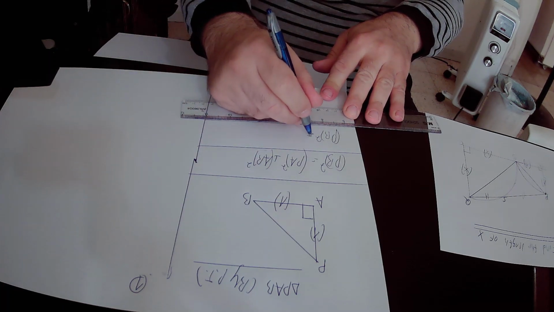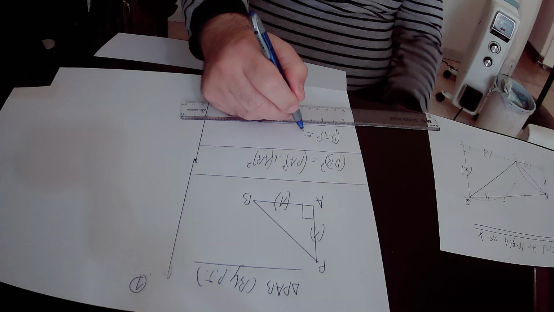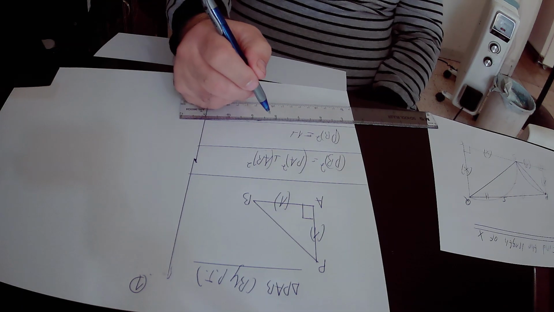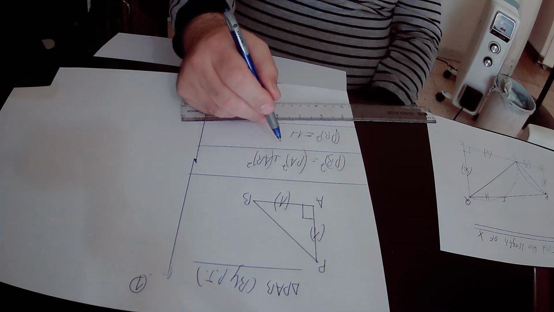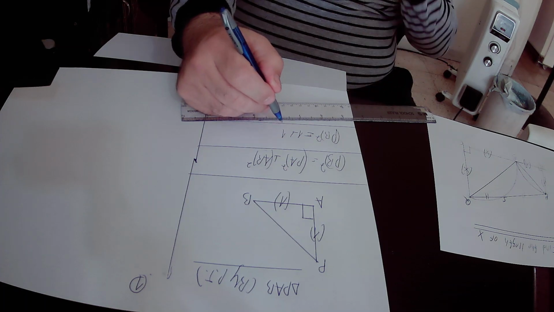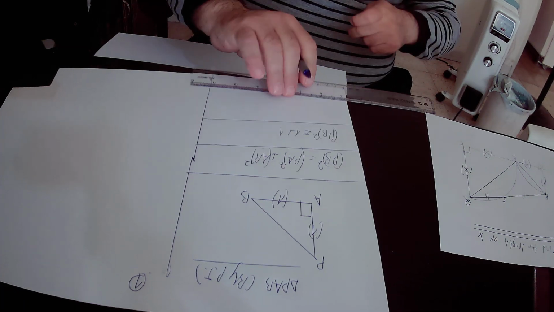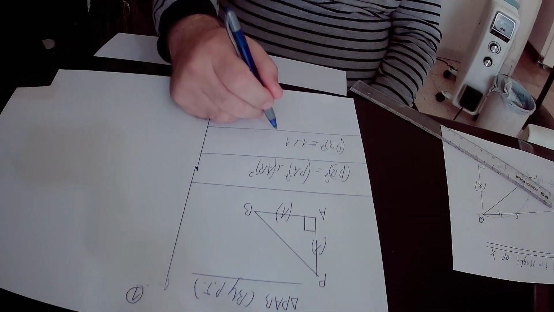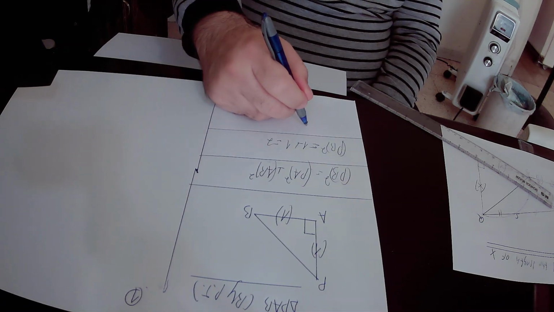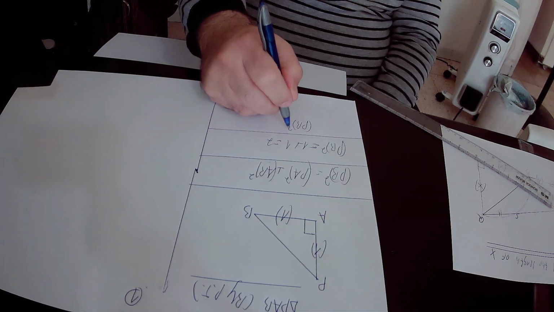PA is 1, therefore PA squared is 1 squared, that is 1, plus AB squared. AB is also 1, therefore AB squared is 1 squared, that is 1. So in total, PB squared equals 1 plus 1, that is 2.